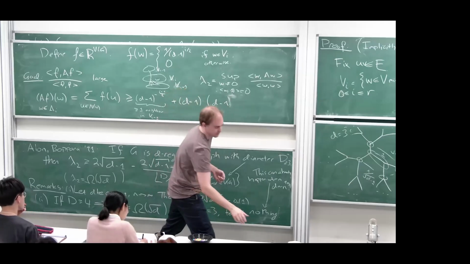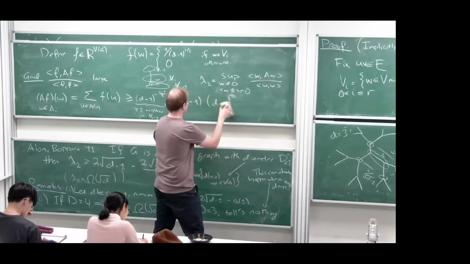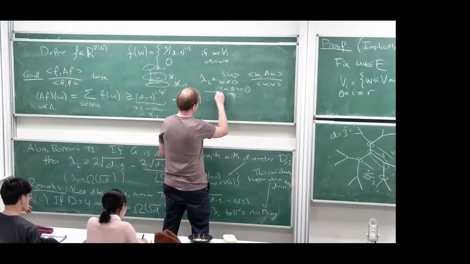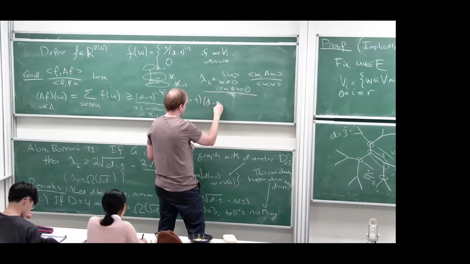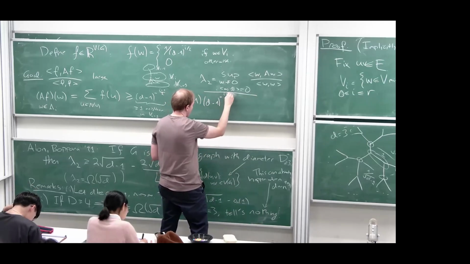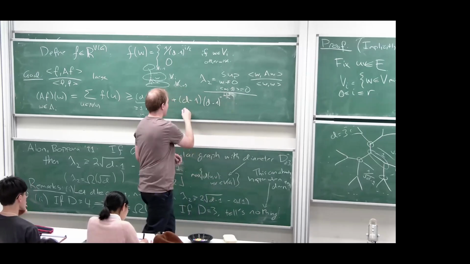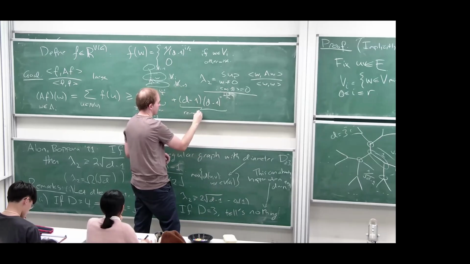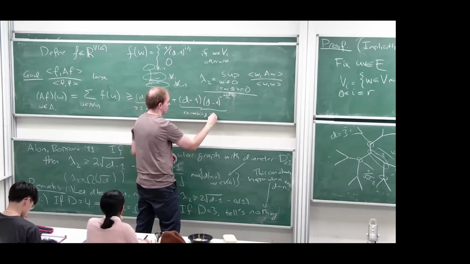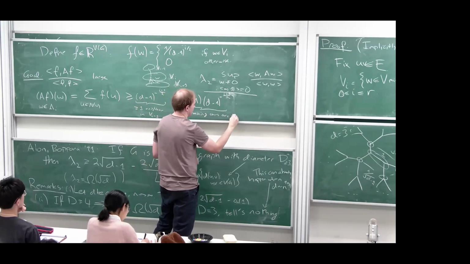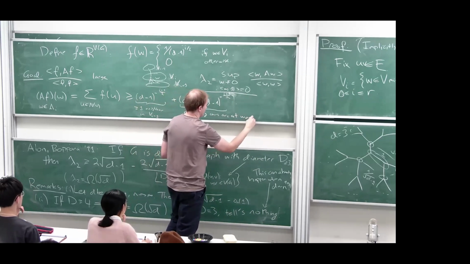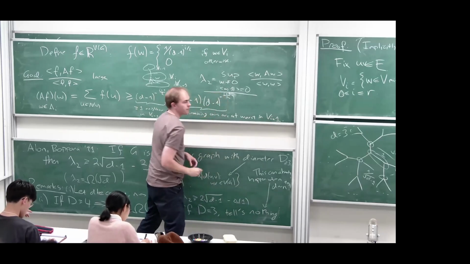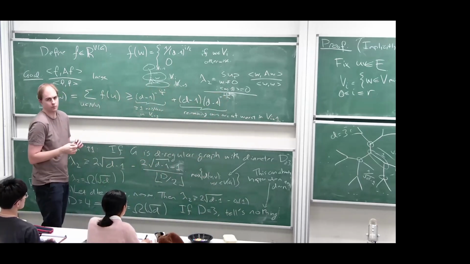I kind of want the exponent to be actually clear, so let me write it again. And again, this is because the remaining... If W lives in V_I, should that be in V_I?